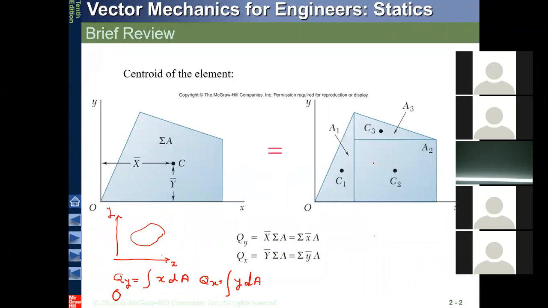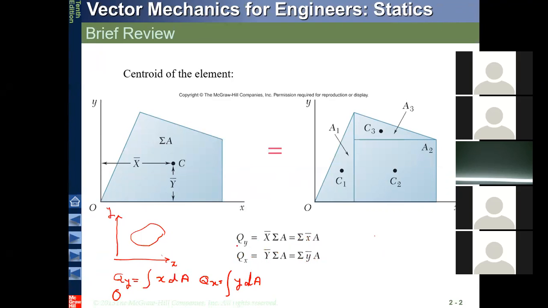So what you do is first to separate the object, for example this object, into two triangles and one rectangular object, and then write these formulas by a sigma in a discretized form. Then you can substitute x for each object as the x component of the centroid of that object, and y by the y component of the centroid of that object.